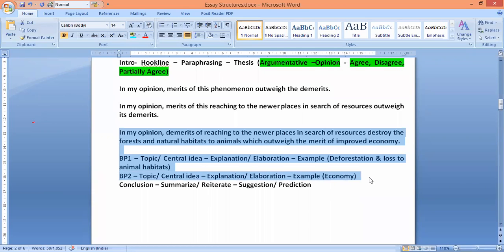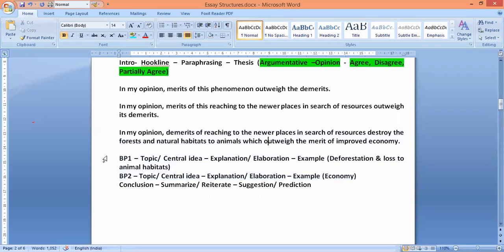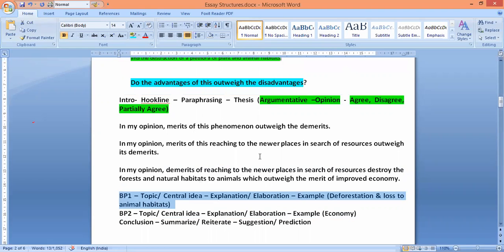Wherever you write your opinion, your BP should be very near to it, so that they can understand. Because if you are saying that it has more disadvantages, you should start with the disadvantages. Is it clear?